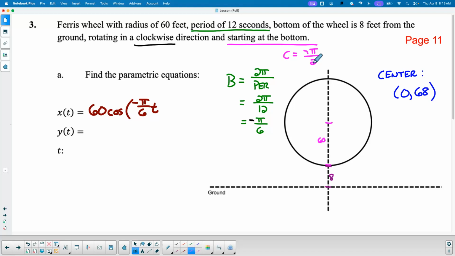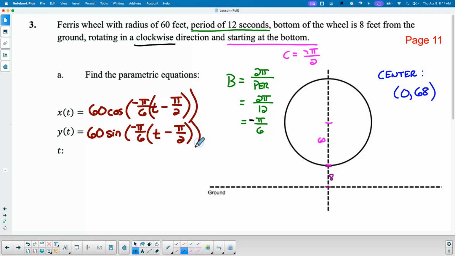So then this would be minus pi over 2 there. My y is going to be 60 sine of negative pi over 6 times t minus pi over 2, and then plus 68.